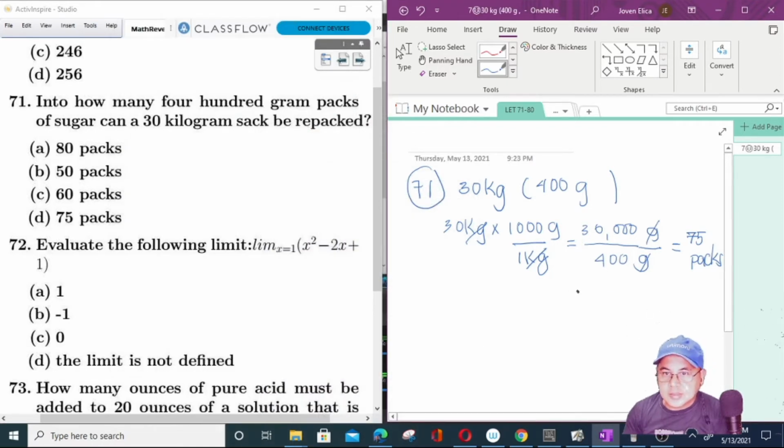This just needs a simple analysis. 75 is letter D from the choices.